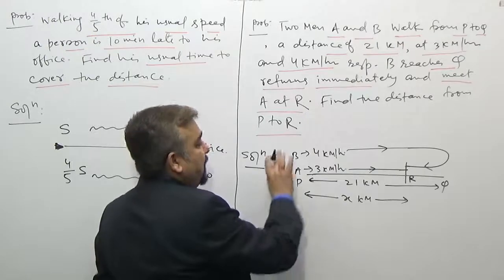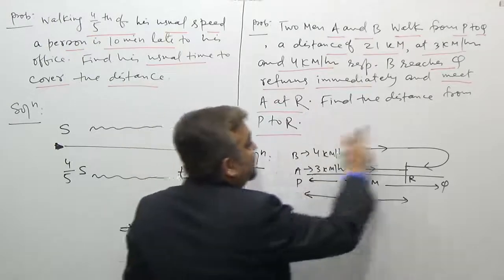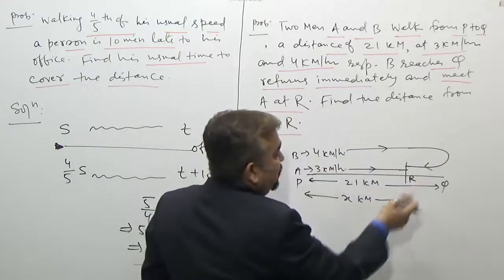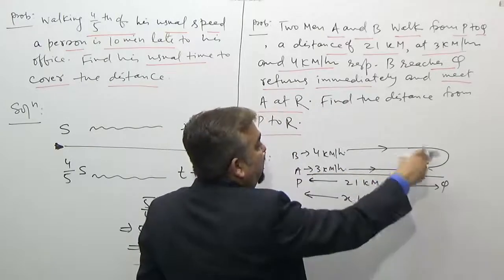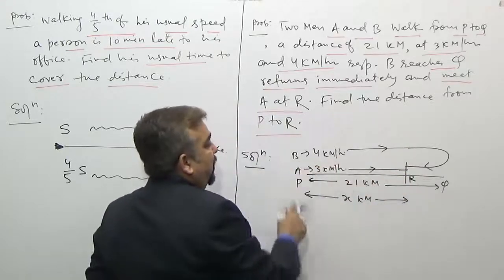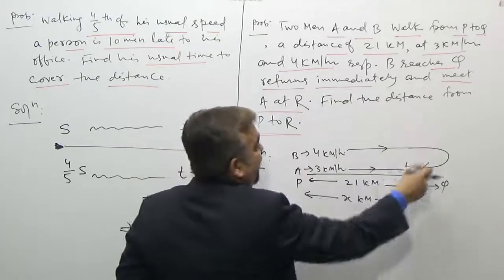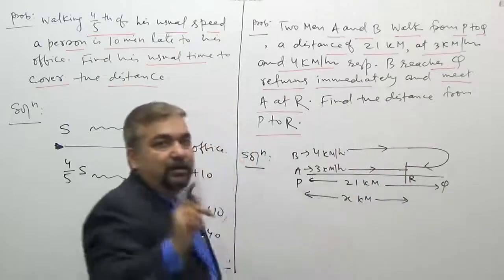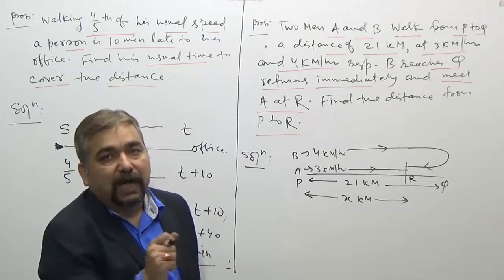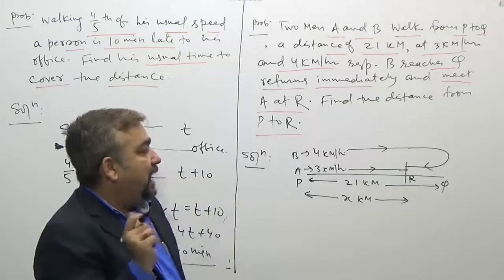A and B started at the same time. B reaches Q and returns immediately, and B meets A at R. Means the time taken by A is the same as the time taken by B to reach R. So time is constant.